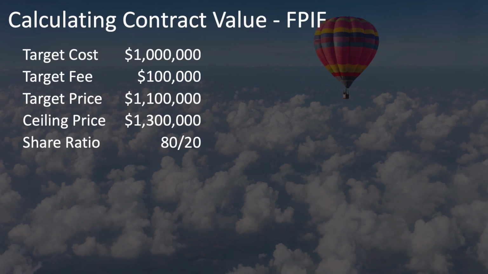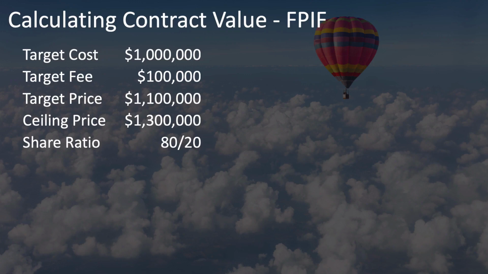So you set the share ratio at 80-20, meaning that you will pay 80% of any cost overruns and keep 80% of any cost savings. However, this does provide the seller with a 20% incentive to reduce costs. So much for the contract terms.